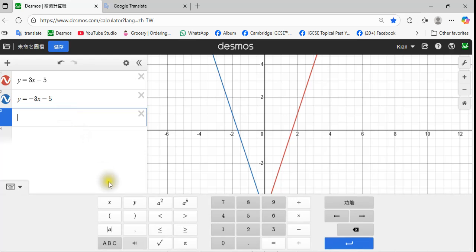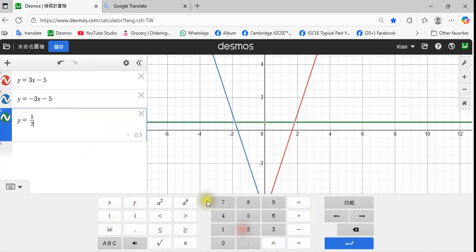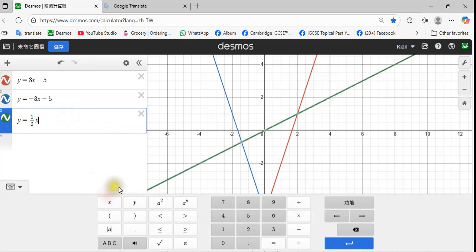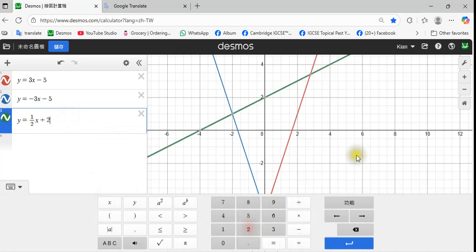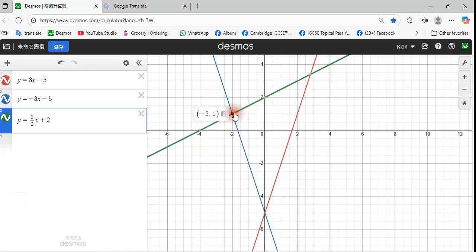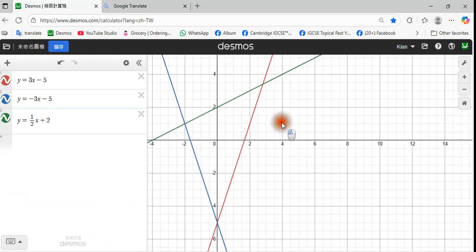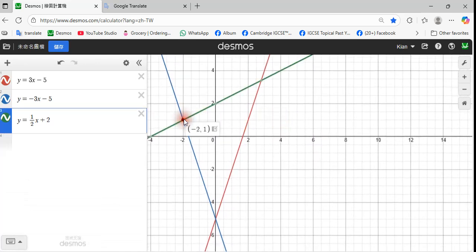And then we have y equals 1 over 2 x plus 2, and they intersect at this point. So the intersection is here. So this will be the answer.